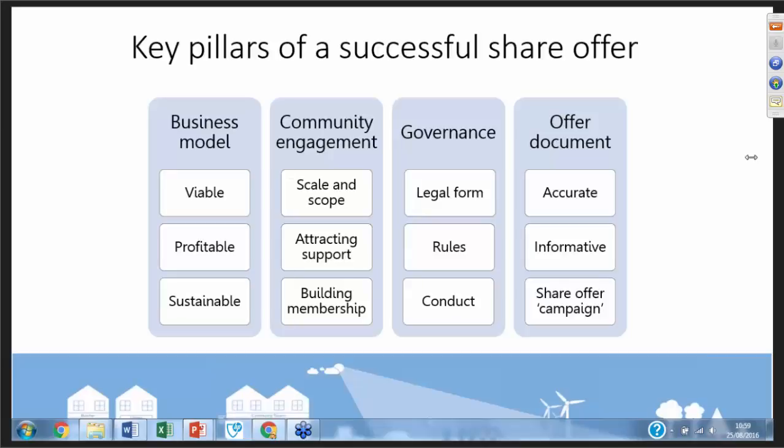It has to also be in a language that people can understand, because many of these people will be first-time investors, period, let alone in community shares. So you need to be very straightforward, and that's very important. So it's about information. It's also about making it accessible.